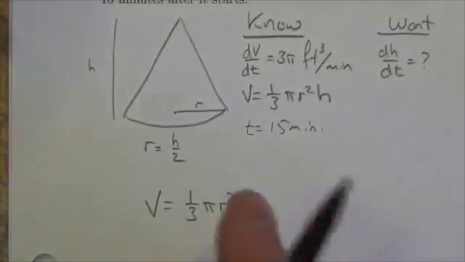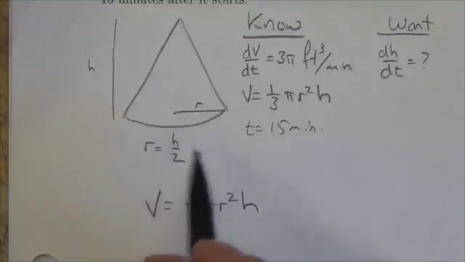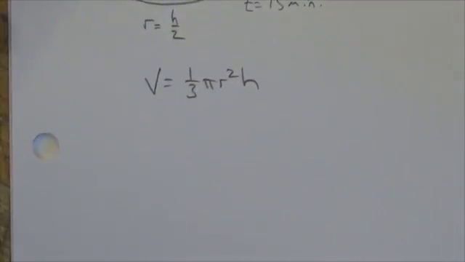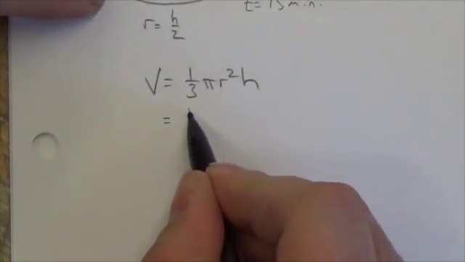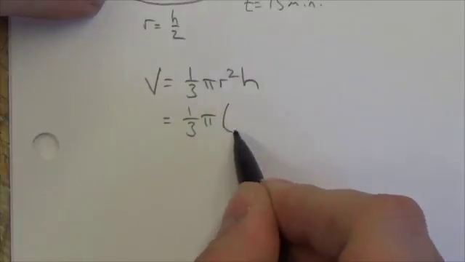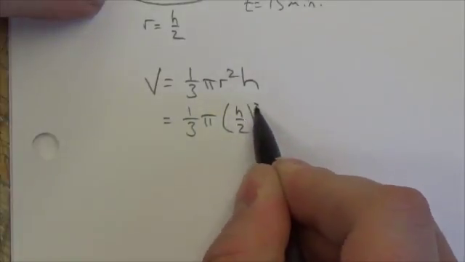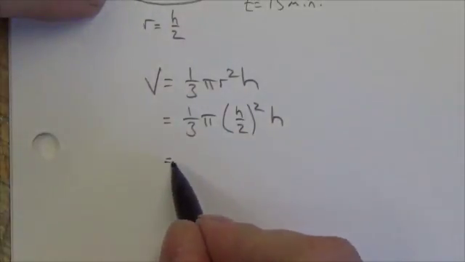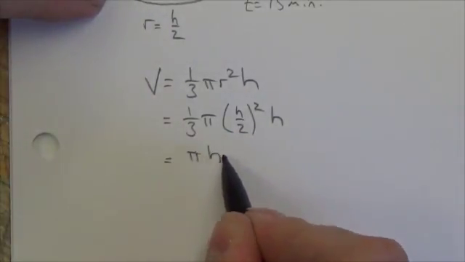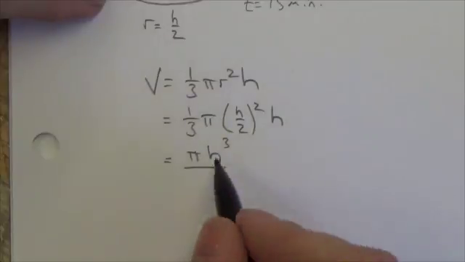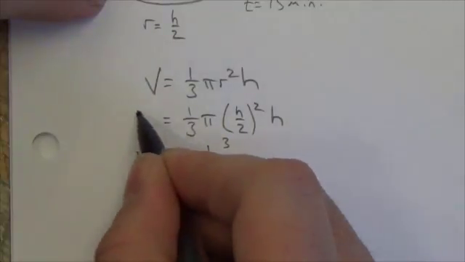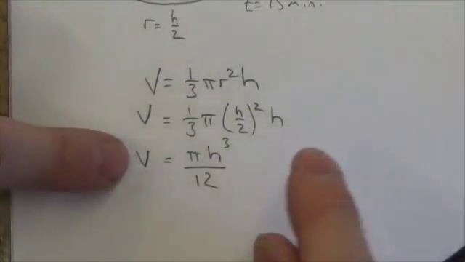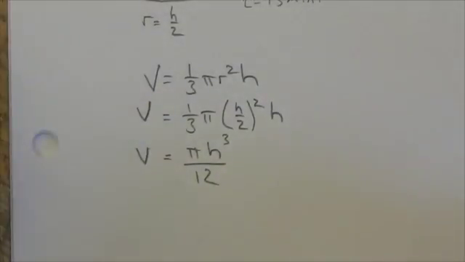Fortunately, if I look back up to the information that I've got, I know that r is equal to height over 2. So I can make that substitution right now. This will become h over 2 squared times height. Put that all together and we get pi times h cubed over 12, and there's my volume. So volume is now expressed in terms of just height.